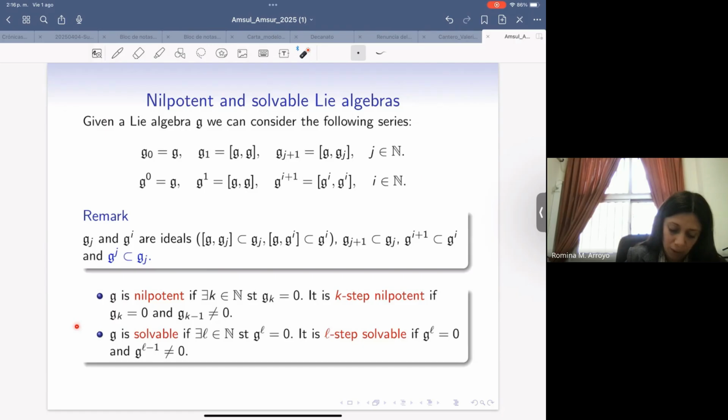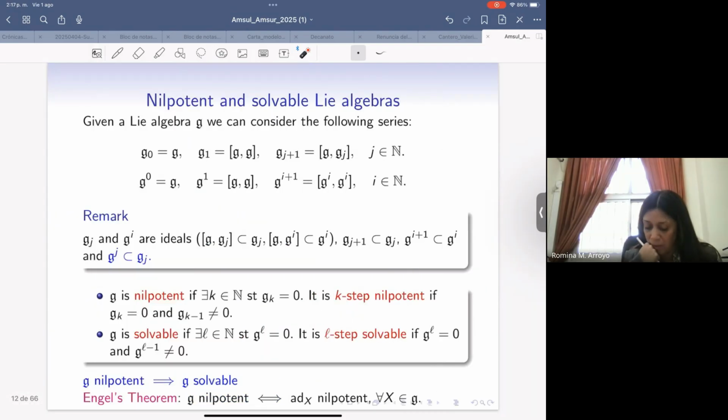And analogously, we can define a solvable Lie algebra using the second series. Because of this property, if you have a Lie algebra which is nilpotent, this is going to be zero at some k, when j is equal to k. So this is telling us that any nilpotent Lie algebra is solvable, in fact.